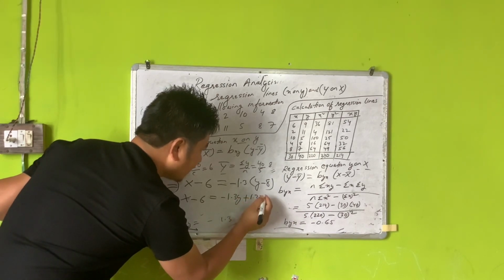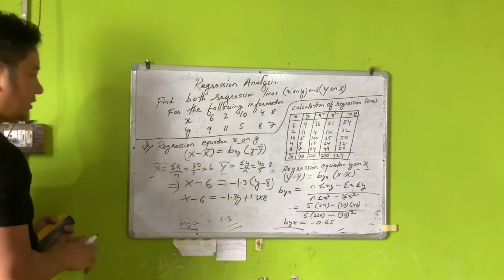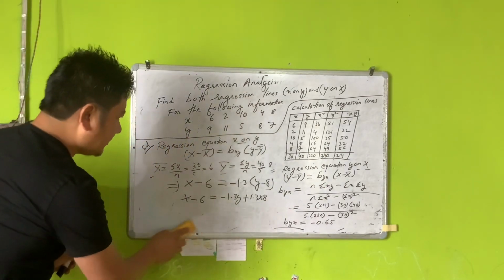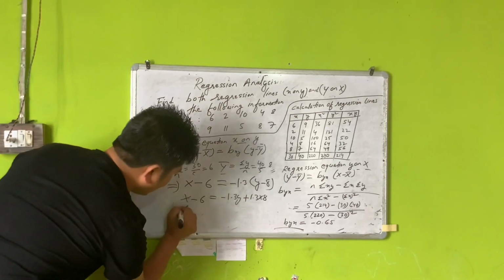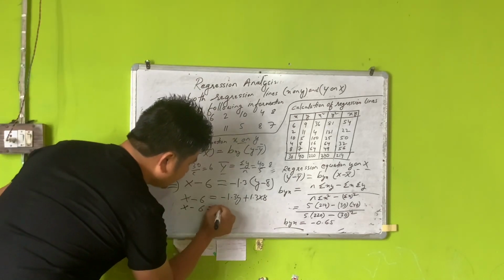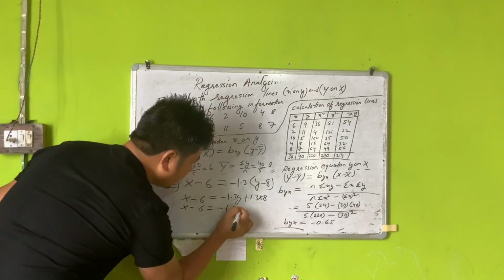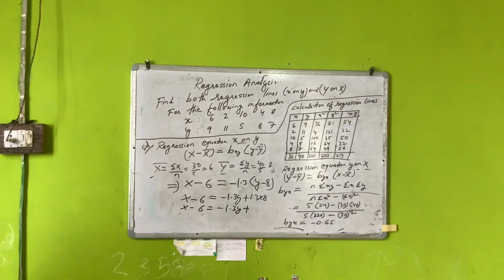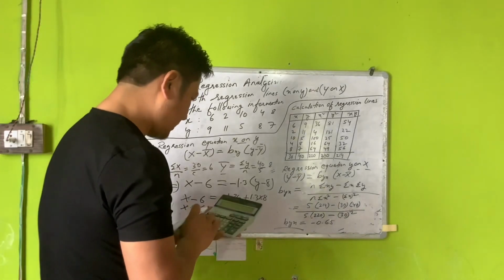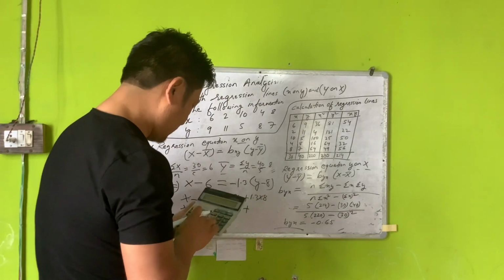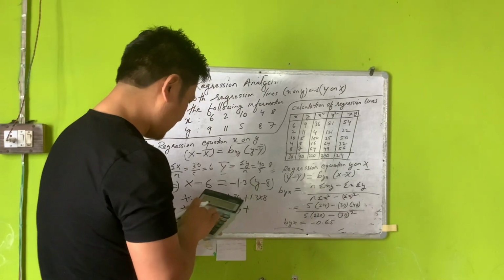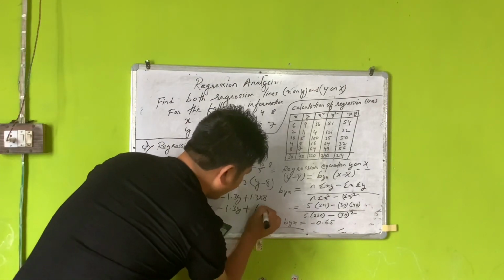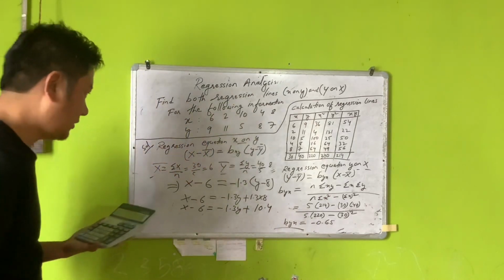1.3 into 8. Now what can we do with this? x minus 6 is equal to minus 1.3 y plus, multiplying this, 1.3 into 8 is equal to 10.4.